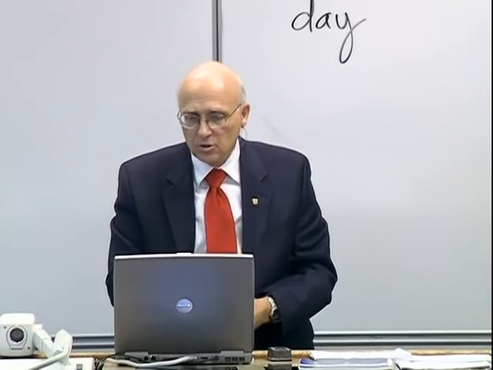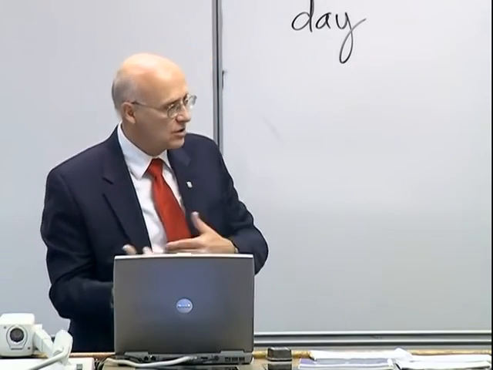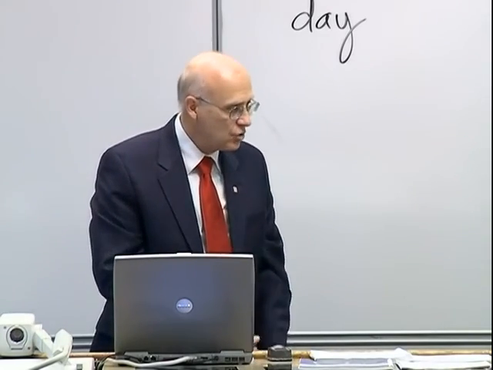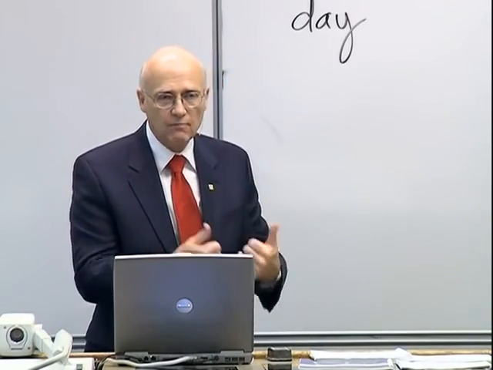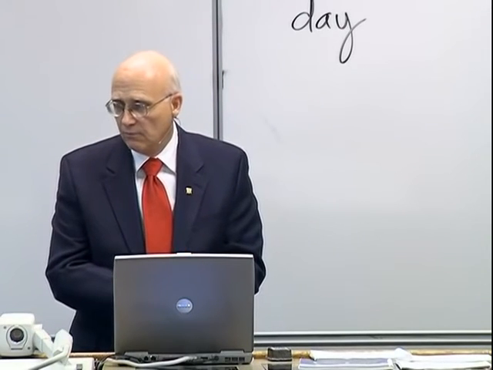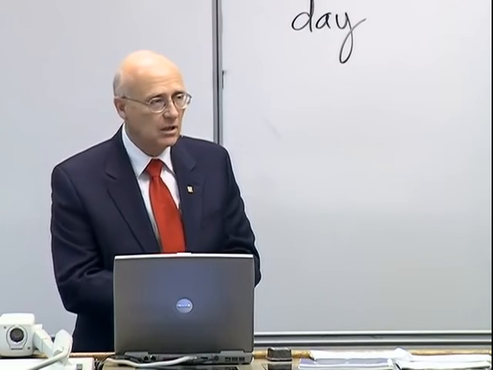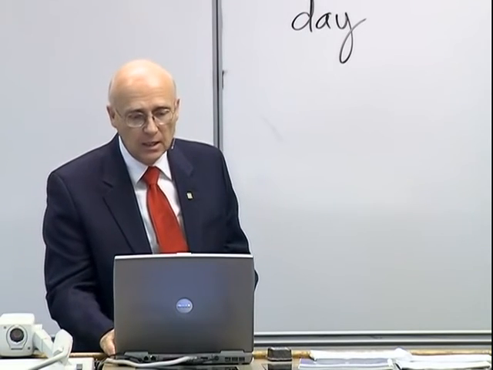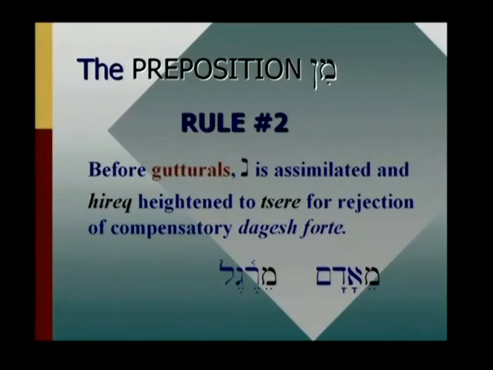All right? So it becomes me'adam. And the tsere tells you there's compensation from a hirik to a tsere to account for the rejected doubling dagesh that would normally be there for the noon that has been assimilated. Okay? Regel becomes me'regel. Hadar becomes me'hadar.